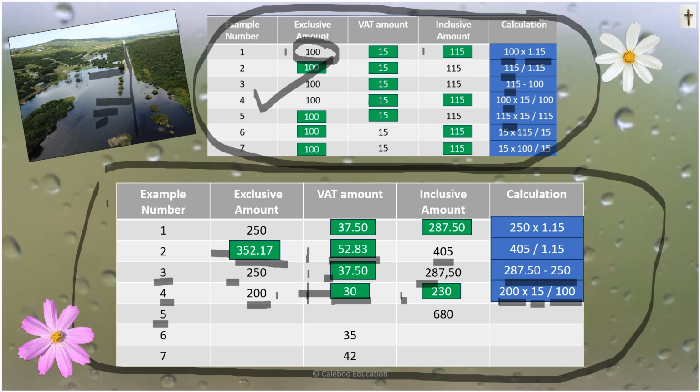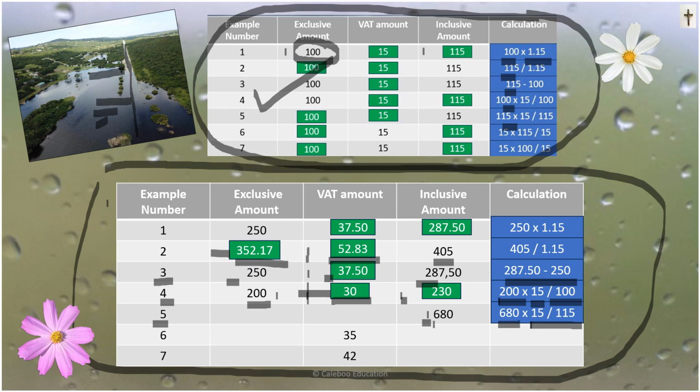Number 5. I've been given the full amount, including VAT. Now, if you remember from earlier in the video, if I have the inclusive amount, I can multiply the inclusive amount of 680 by the VAT fraction, and I will get the VAT amount. The VAT fraction is the VAT rate over 100 plus the VAT rate, and in our case the VAT is 15%.